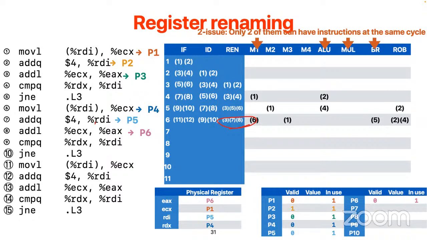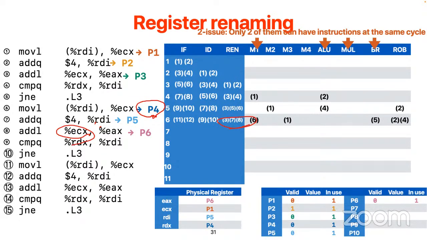Yes, because 7 is only depending on P2, and P2 has been ready a long time ago. How about 8? No, why not? Still waiting for P1? It's actually P4. So that's another thing that's interesting.